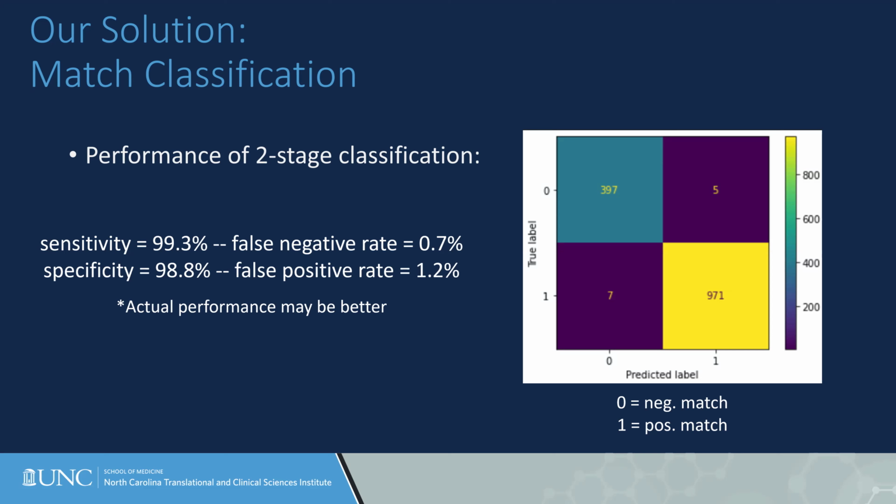I note here that actual performance may be a little bit better. Why do I say that? As I said, this is the performance on the training data set, and if you recall, we specifically designed the training data set to be more difficult than we expect the general population of data to be. So it's very possible that performance metrics could be a little different and potentially a little better for the population of data.